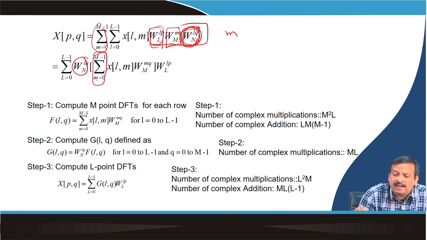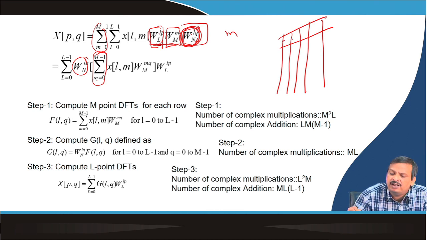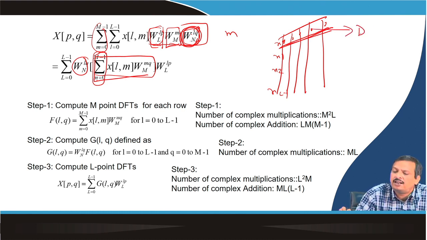So, what I said is, although I store the data column wise, I will first access the data row wise, because M represents the row. Although I store the data x0, x1, x2 up to x_{L-1}, I access the data row wise and compute the first DFT, whose order is M. Is it clear?